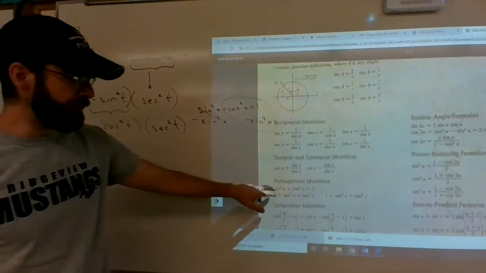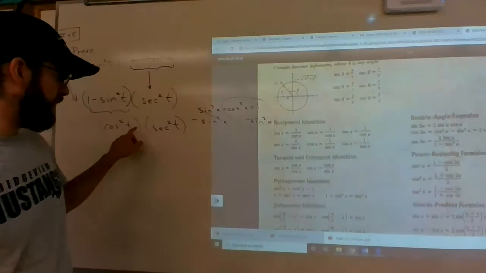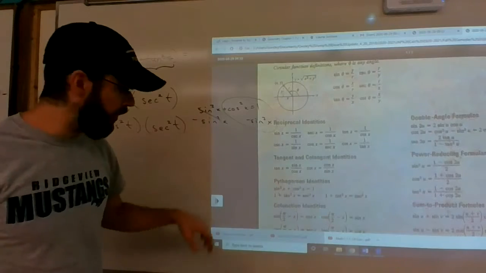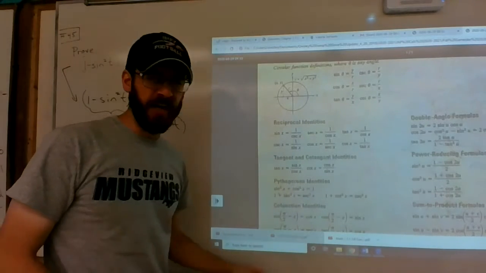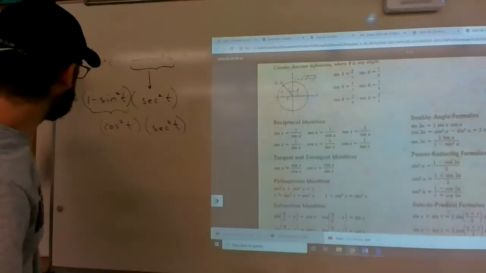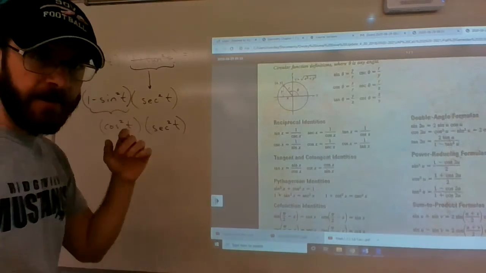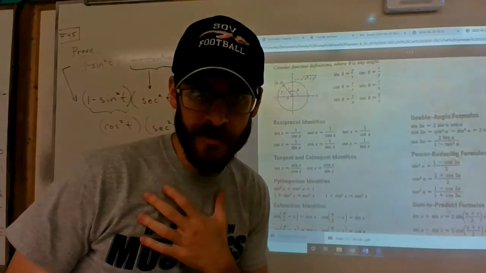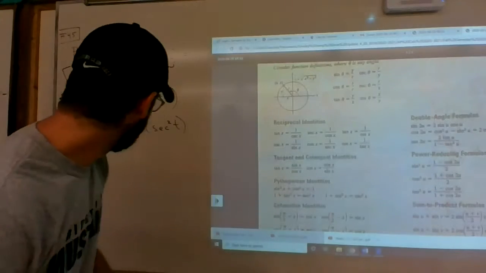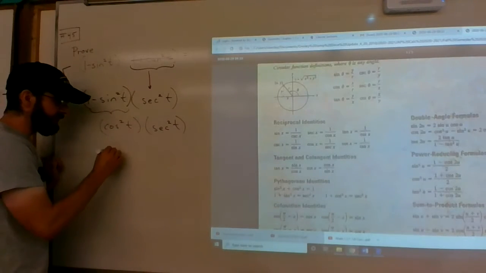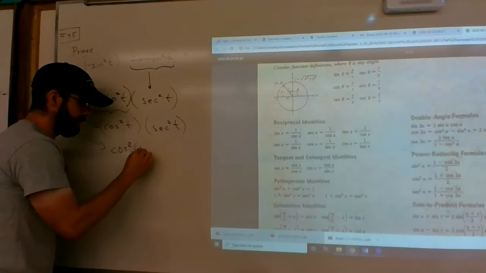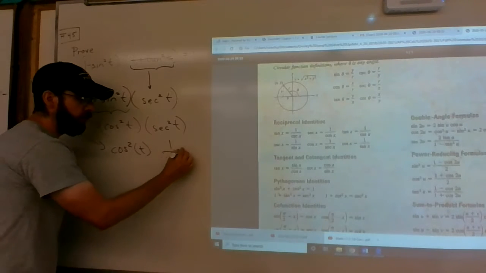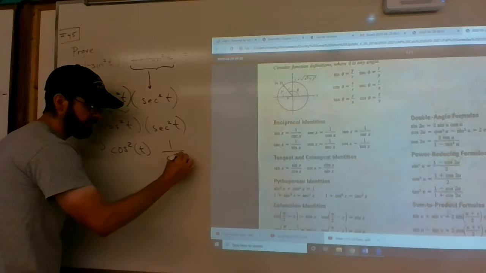Now I kind of proved over here that cosine squared times secant squared is equal to 1, but if you want to keep your proof organized in such a way that the reader could easily read it from start to finish, I will be the reader, so maybe you should do that. You can say, hey, cosine squared times 1 over cosine squared.